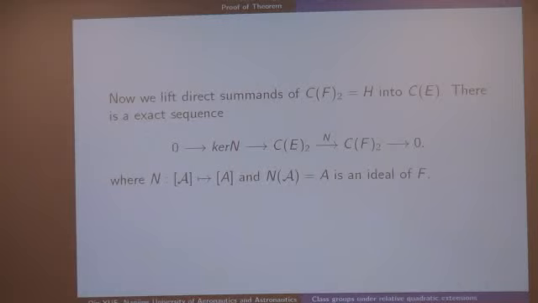How can we lift CF2 H into CE? We use this exact sequence. This map is the norm. CE is a two Sylow group, CF is a two Sylow group. We lift. We should divide CF into three parts.